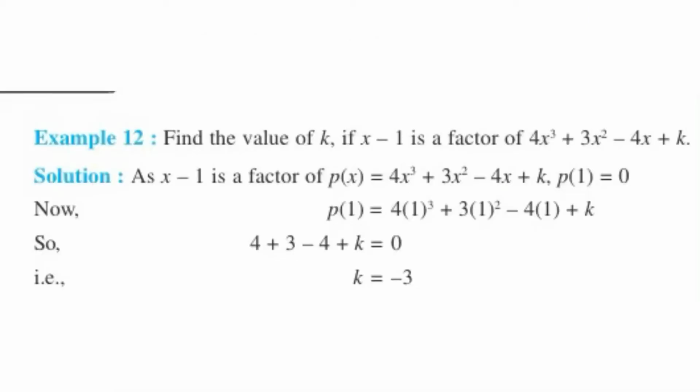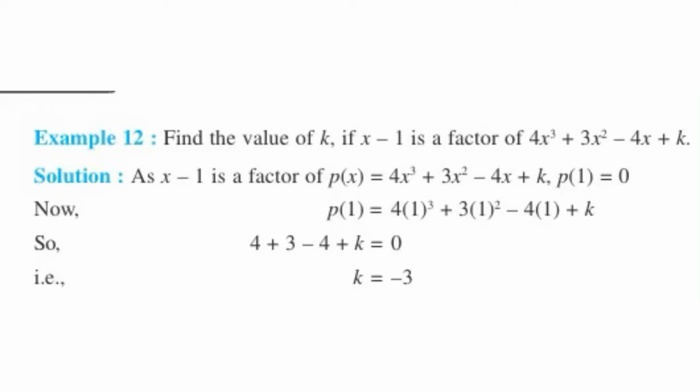Find the value of k if x minus 1 is a factor of 4x cube plus 3x square minus 4x plus k. Here x minus 1 is a factor. So if we take x minus 1 is equal to 0, we get x is equal to 1. So since x minus 1 is a factor, we know that p of 1 will be equal to 0 as per factor theorem.